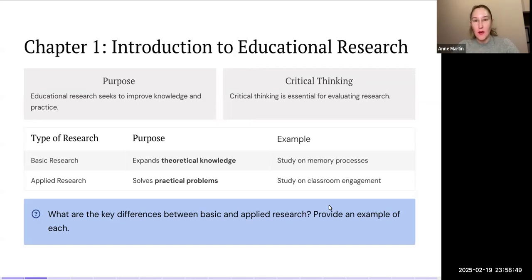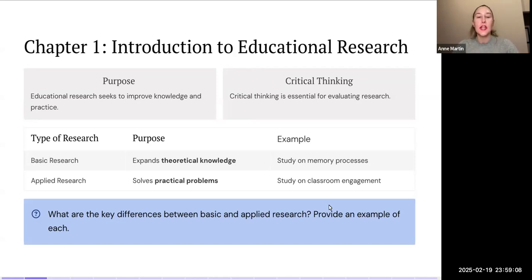So the chapter talks about 5 different types of research that we have in education: basic, applied, action research, evaluation research, and orientational research. So I'm going to talk a little bit about basic and applied because the other types are almost subsets of applied research.